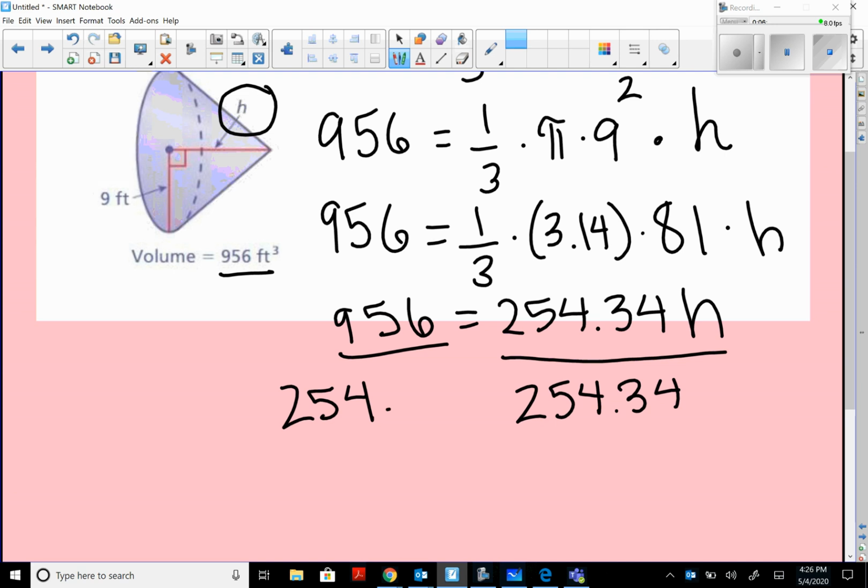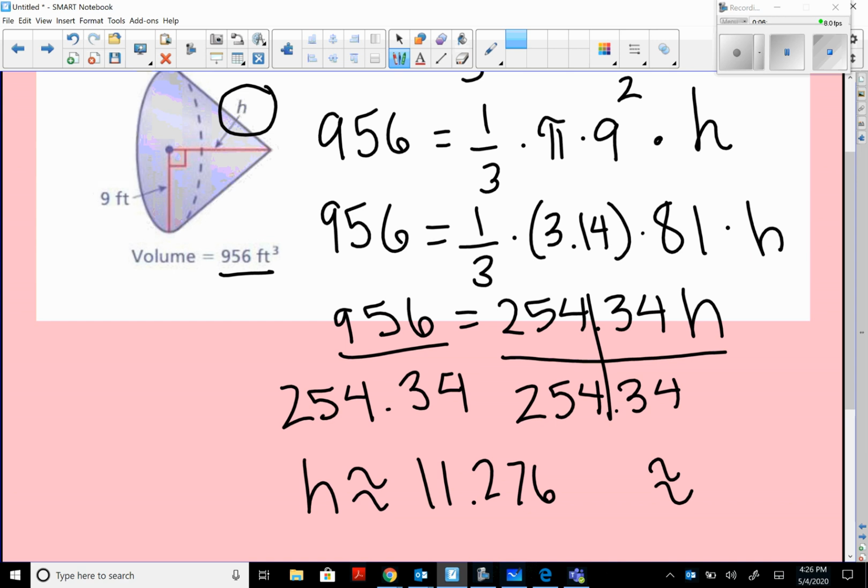So 956 divided by 254.34, I get h is approximately 11.276, but I'm going to go ahead and round it to the nearest tenth and say that the approximate height of this cone is 11.3 feet.